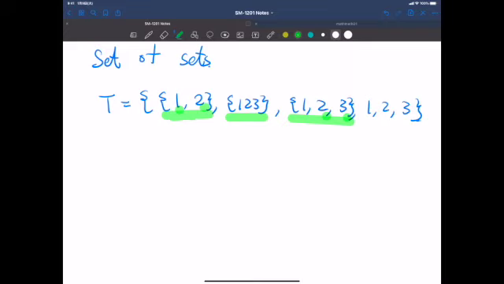The fourth element is not a set, it's just the number 1, and another element is also a number, and the last element is again a number. So we can mix basic elements and sets as elements of a set.